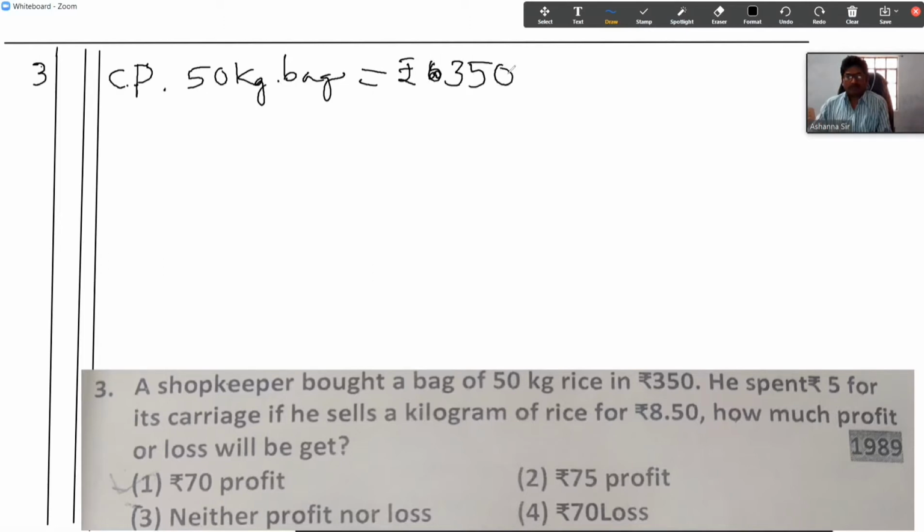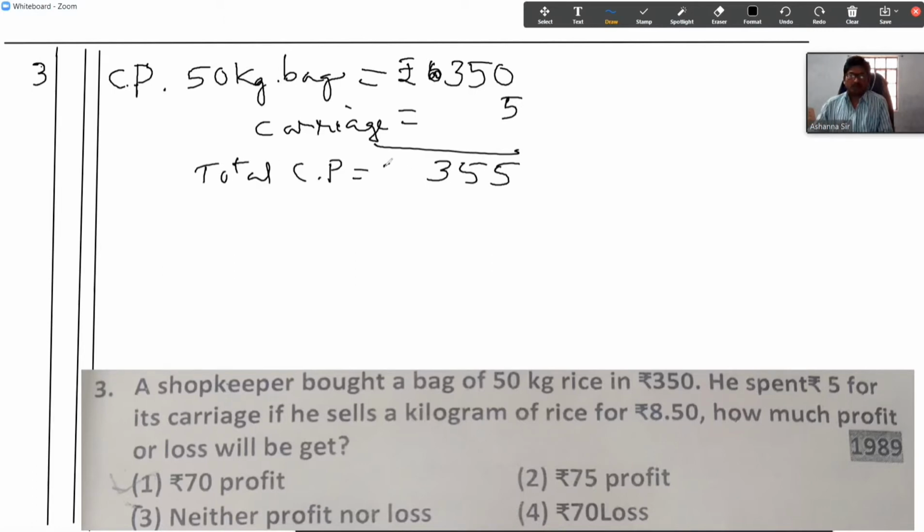He spent 5 rupees for a carriage, transport, spent 5 rupees. So 355 rupees. Total cost price 355 rupees.